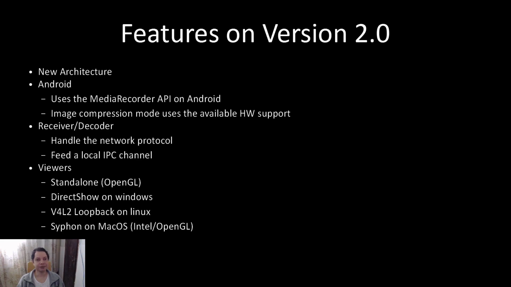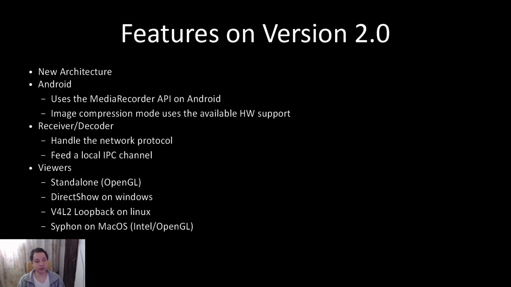Now I changed a little bit of the code. In version 2.0, I decided to simplify the code as much as possible. On Android, it might use the hardware encoder through the Media Recorder API.